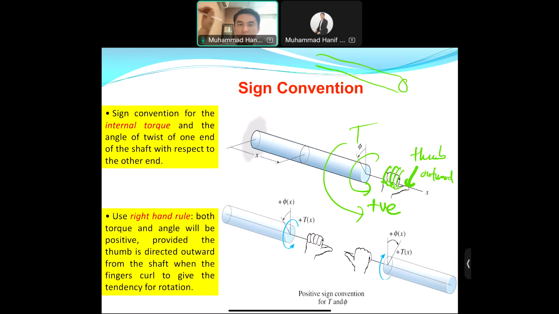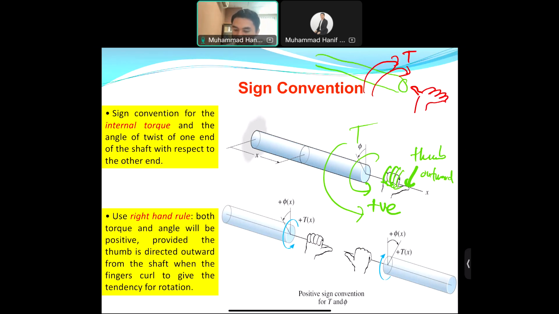If you follow this one, your thumb will be inwards. I draw the thumb, and this is the other fingers. The other fingers should follow the direction of torsion. The thumb will automatically be either inward or outward.